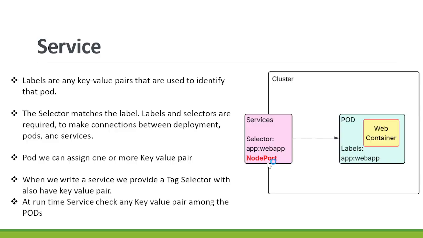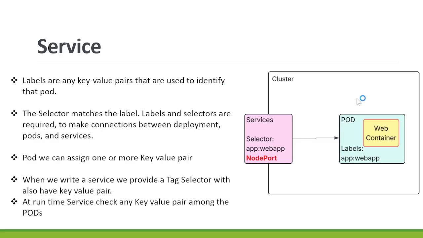NodePort we have already seen in our last slide, so we know the service type will be NodePort, because I'm going to hit this pod and want to see the application from my browser. But two things are new in this slide: one is the selector and second is labels. Labels are key-value pairs used to identify pods.